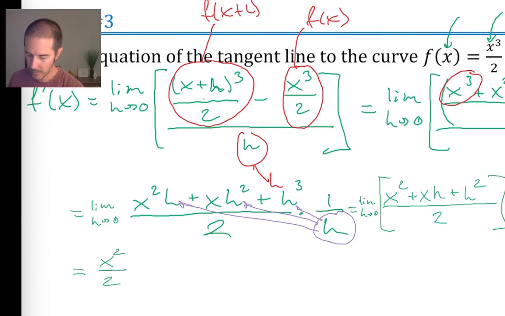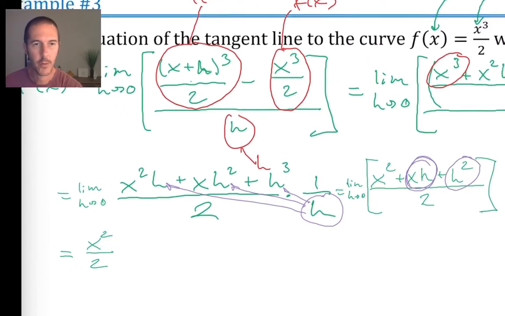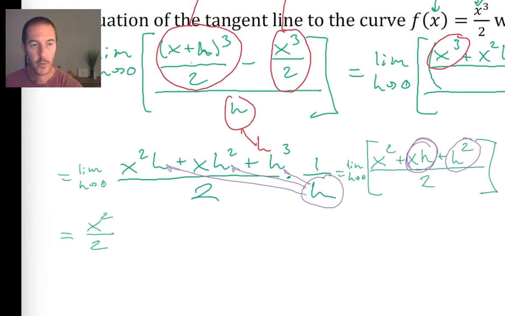That happened because the second term in our numerator became a 0 because h went to 0 by direct substitution, and our third term in the numerator also became a 0 because of direct substitution. So this is your f prime of x. This is your first derivative. So if you'd like to put a box around that, you've earned the right to do that.